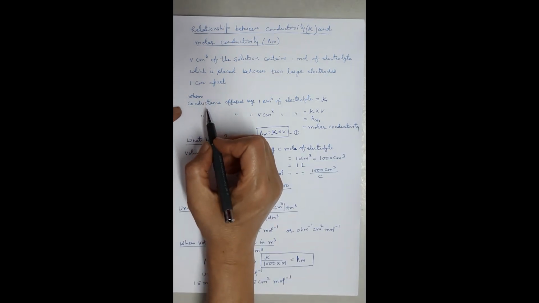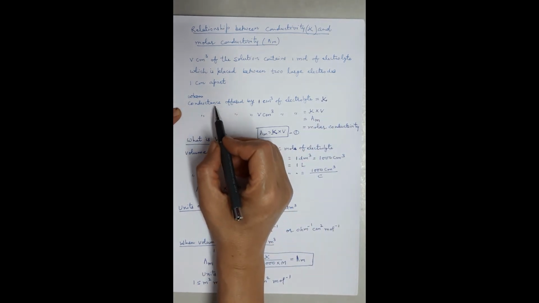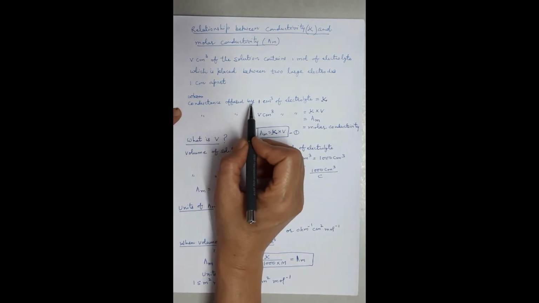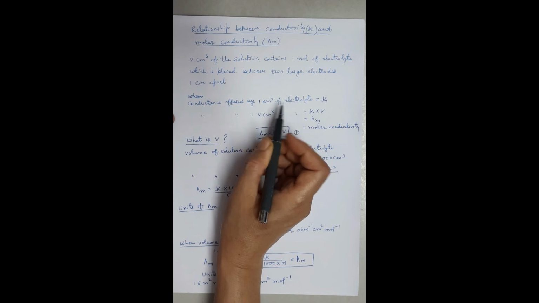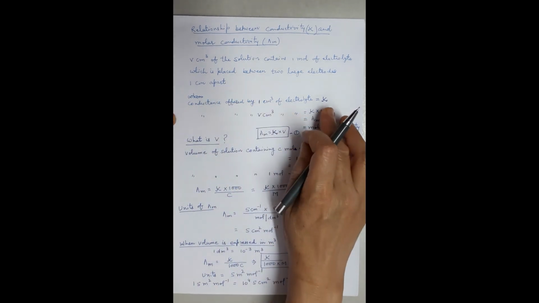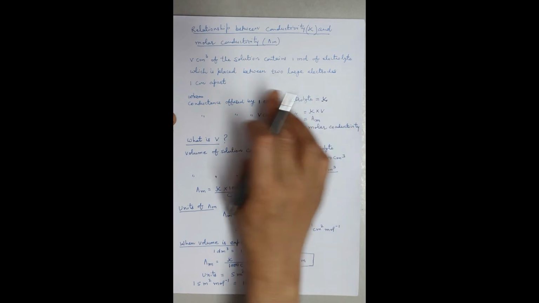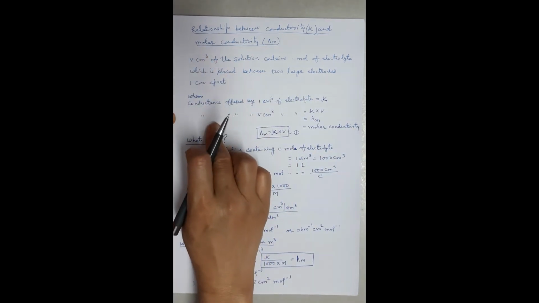And now I'll talk about conductivity only, which is represented by kappa. What is conductivity? It is the conductance offered by 1 centimeter cube of electrolyte. Just consult your notes, what we have done earlier. Whatever conductance there is in 1 centimeter cube, that will be called conductivity. But here, what is the volume? It is not 1 centimeter cube. It is V centimeter cube.